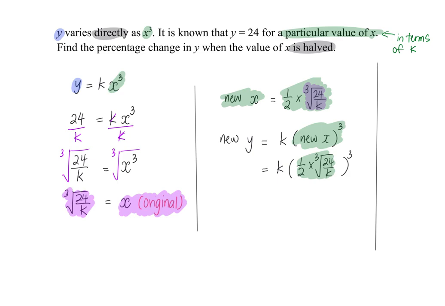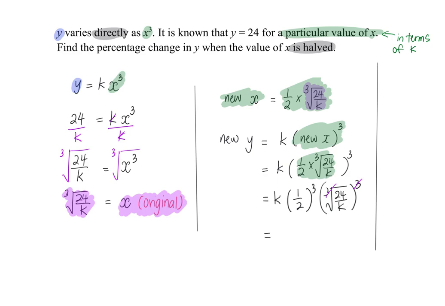Okay? And from here, you can then hopefully see that half times cube root of 24 over k, cubed, is the same as half times half times half, and of course, this cube root of 24 over k multiplied by itself 3 times. And when you do that, you're eliminating the cube root. Okay?